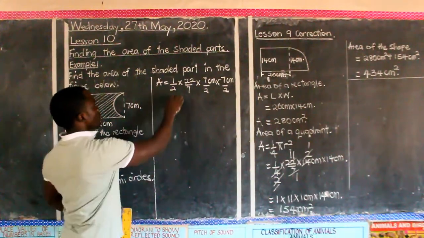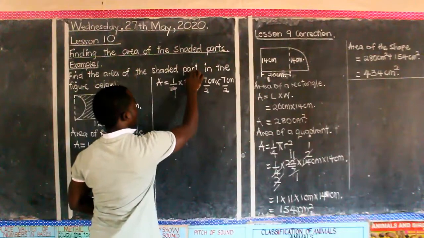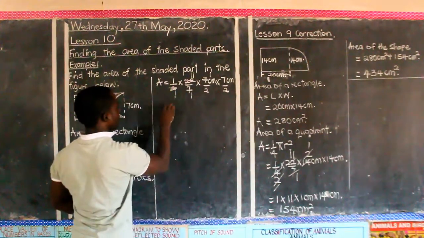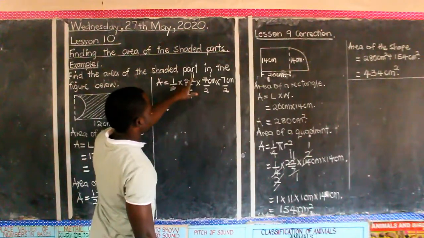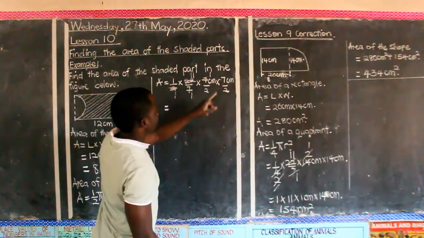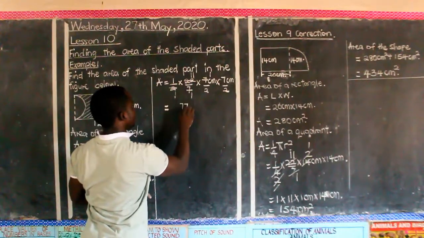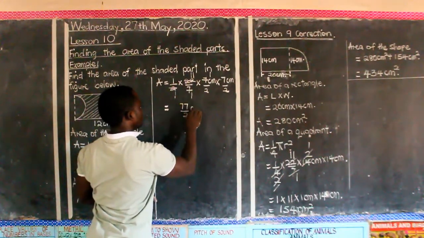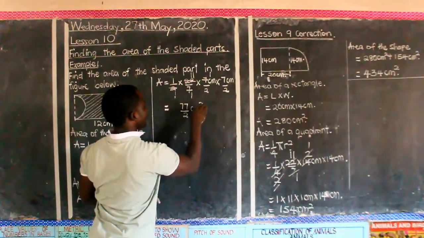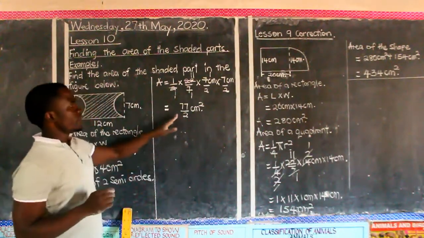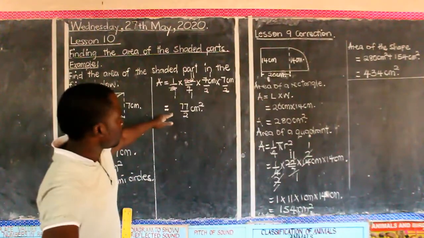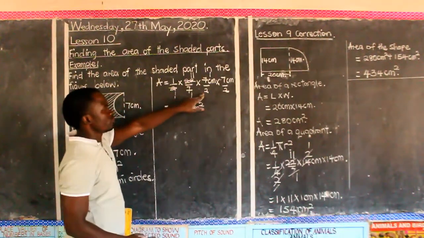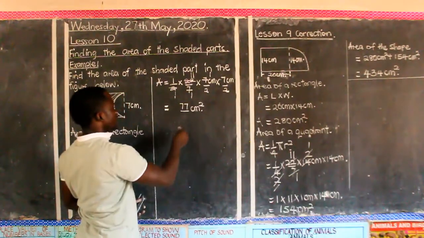By 2 once, by 2 here we shall have 11, by 7 once, by 7 once. So when you multiply this, 1 times 11 is 11, times 7, we shall have 77 out of 2 times 2, which is 4.